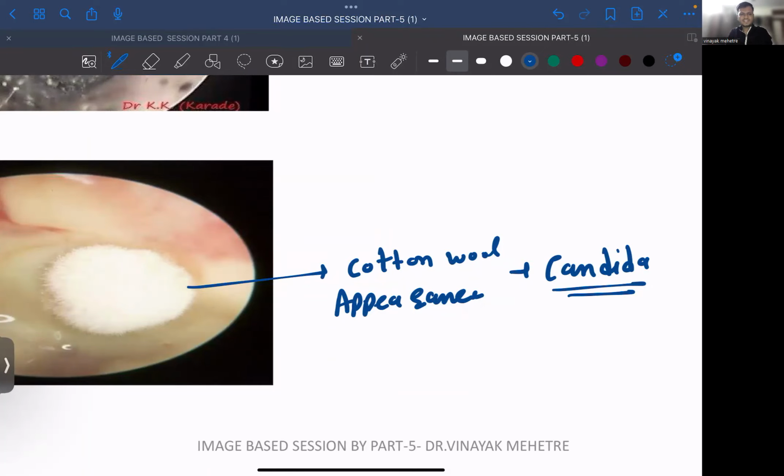A patient presented with decreased hearing, and there is a growth inside the external ear. He used to surf in the sea water.